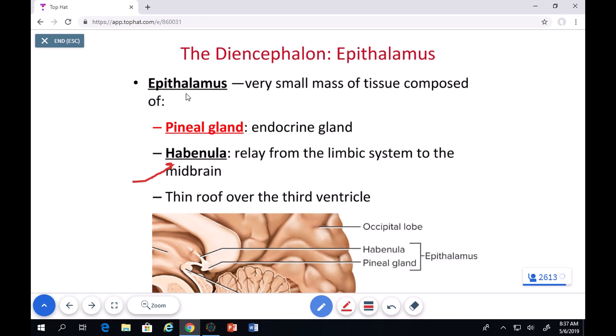And our habenula serves as a relay system between the limbic system and the midbrain. This habenula is going to be located right here on the slide and serves as the superior roof of the third ventricle that circulates our cerebral spinal fluid from the lateral ventricles.